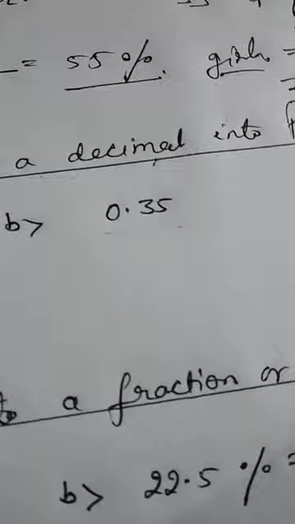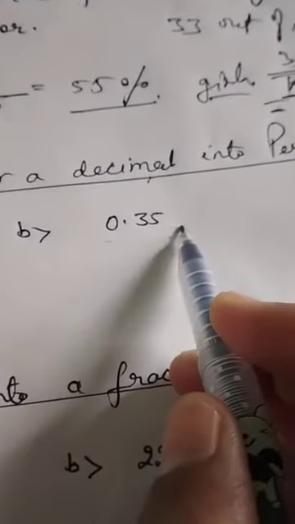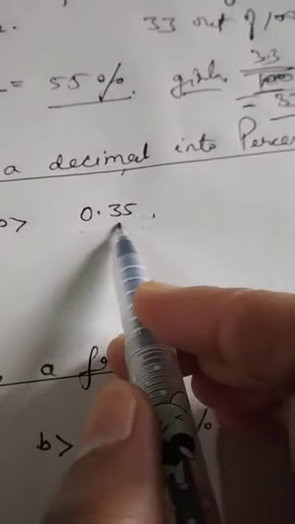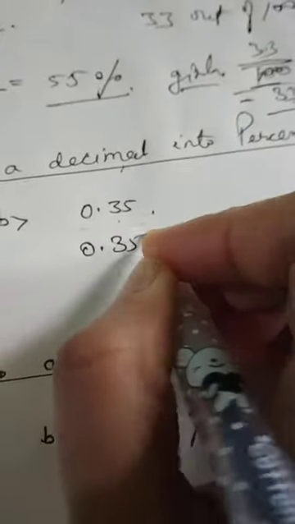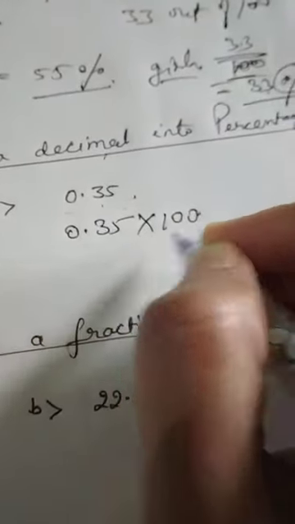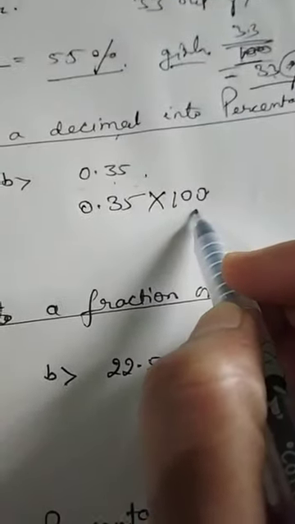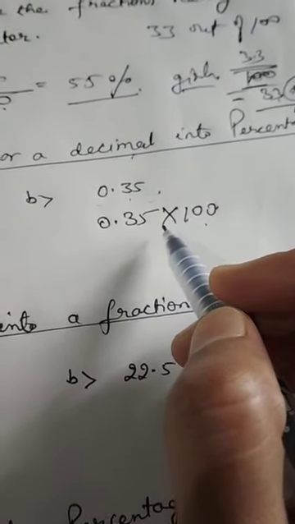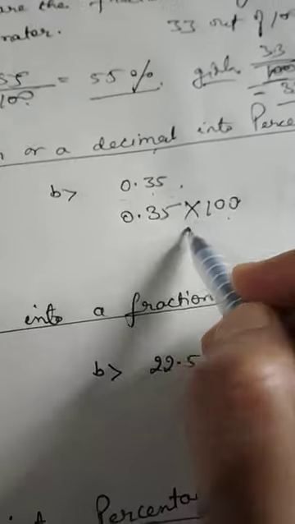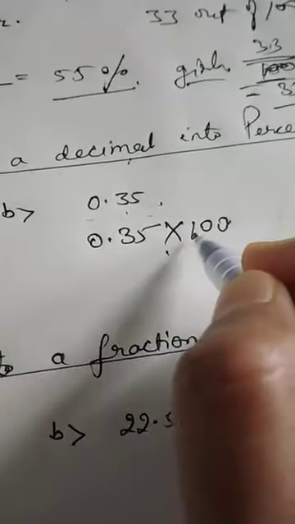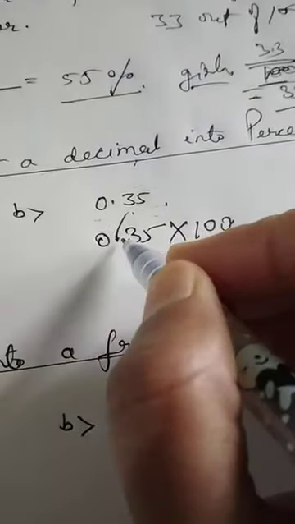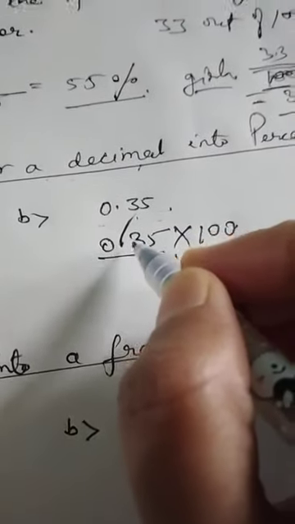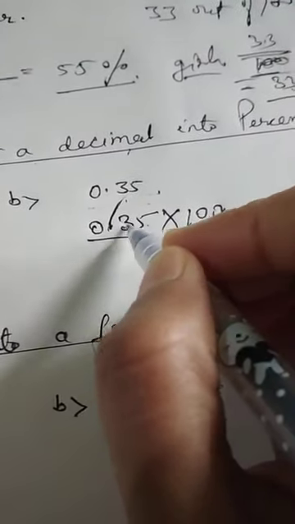Similarly, this one 0.35, this is a decimal number, but you have to convert this into percentage. So 0.35 multiply by 100, here also we will multiply by 100. Students, whenever you have to convert any quantity into percentage, we just multiply by 100. But this decimal, if you will remove this decimal, you know after decimal how many digits? 2 digits.